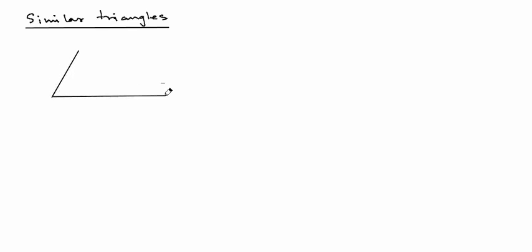Let's talk about something called similar triangles. Let's say we have two triangles, one big and the other one not as big. Let's name the first triangle ABC and the second one PQR.